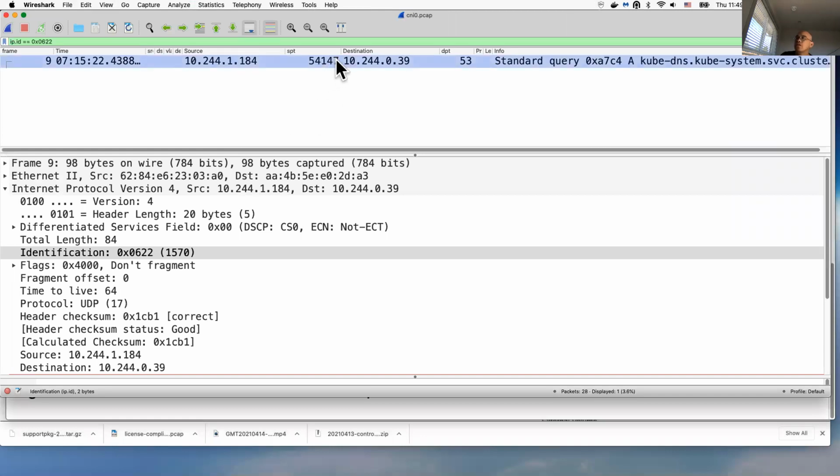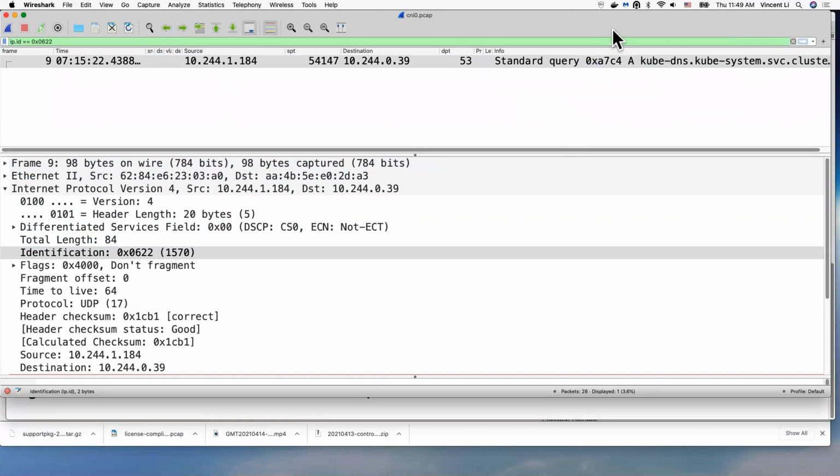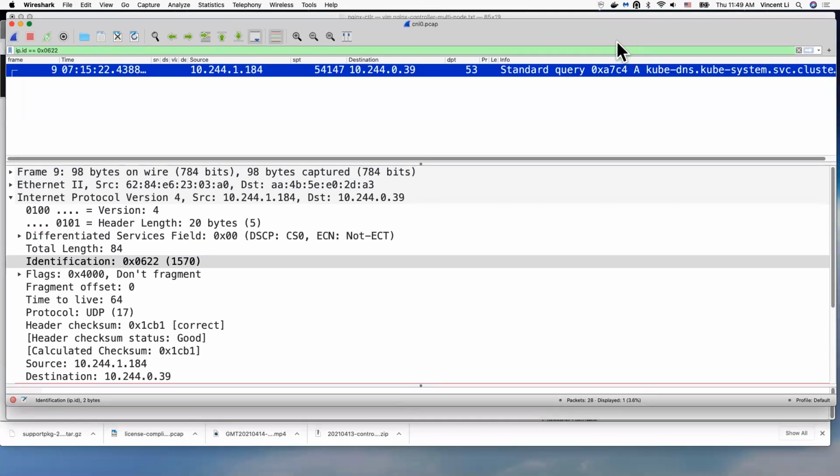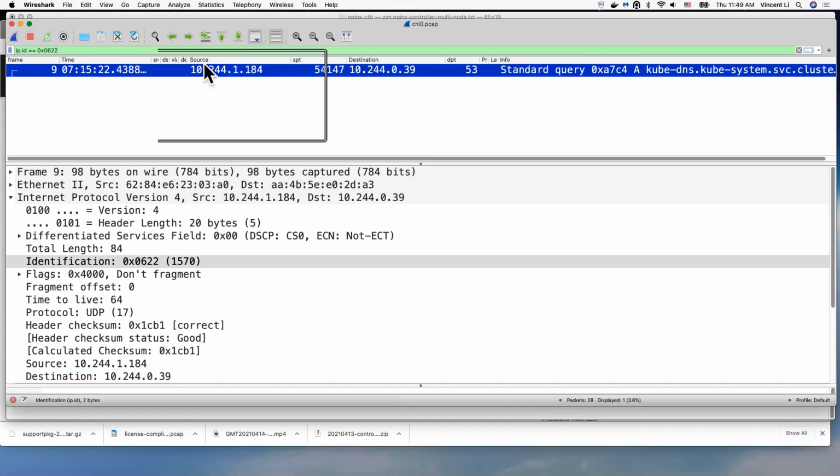Okay, so this is the tcpdump capture on the CNI0 interface. So this IP is my API gateway pod source IP, okay?